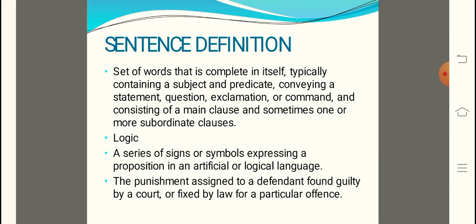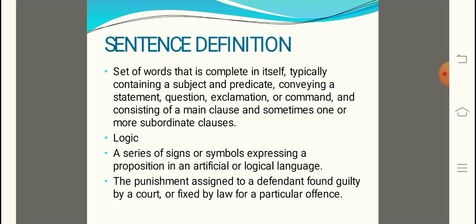Now we are going to see about sentence definition. A set of words that is complete in itself, typically containing a subject and predicate, conveying a statement, question, exclamation, or command, and consisting of a main clause and sometimes one or more subordinate clauses.